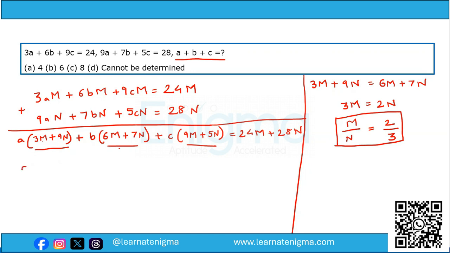So this becomes a into (6 + 27) plus b into (6 into 2, that is 12, plus 7 3s are 21) plus c into (9 2s are 18 plus 5 3s are 15) is equal to 24 2s are 48 plus 28 3s are 84.